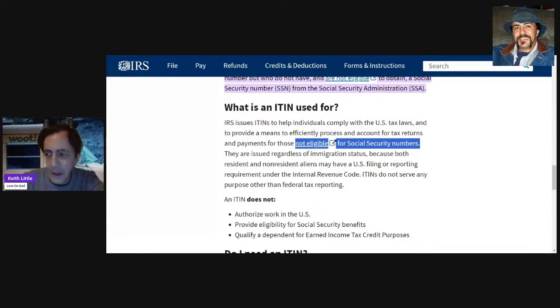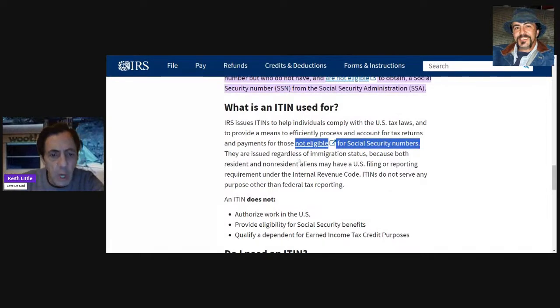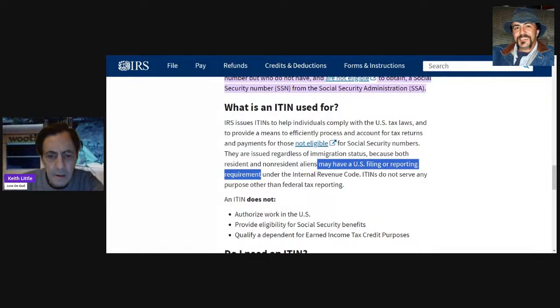We all grew up believing that we were required to have a Social Security number, and that's false. They are issued regardless of immigration status because both resident and non-resident aliens may have a U.S. filing or reporting requirement. No, just because they may doesn't mean that they are issued. You can't issue to somebody that doesn't accept them.